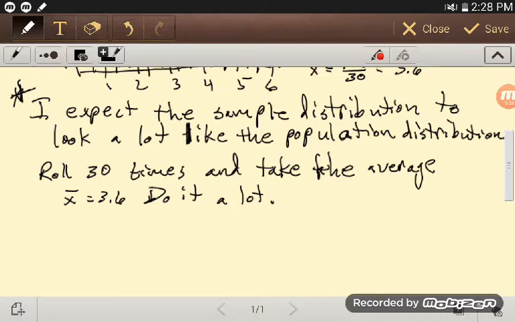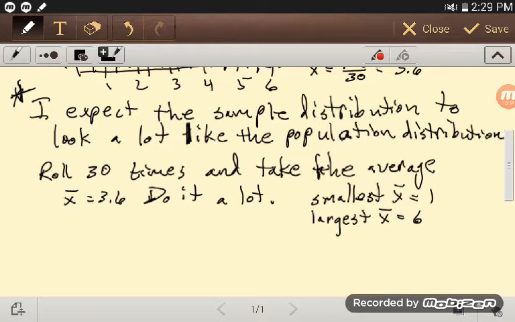Now, what's the smallest I could ever get for my average? Well, I could roll all ones, okay? So the smallest X bar that I could possibly get would be 1, and the largest X bar that I could possibly get would be 6. That'd be all 6s. But when's the last time you saw somebody roll a die 30 times in a row randomly and get all 1s?